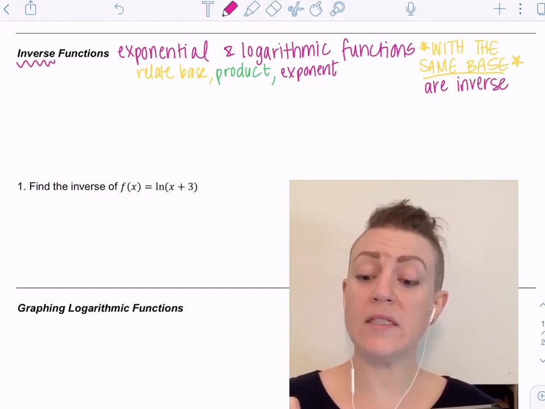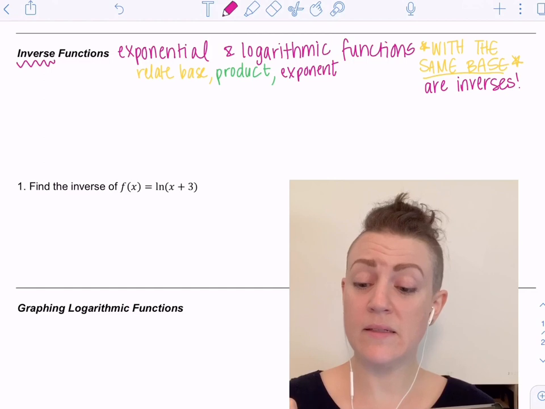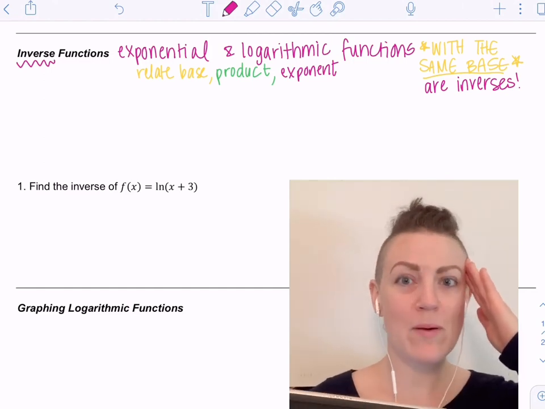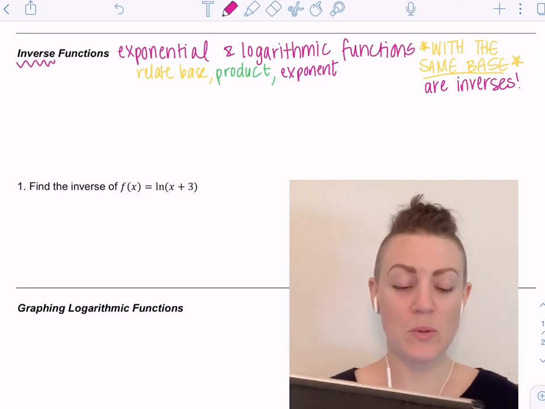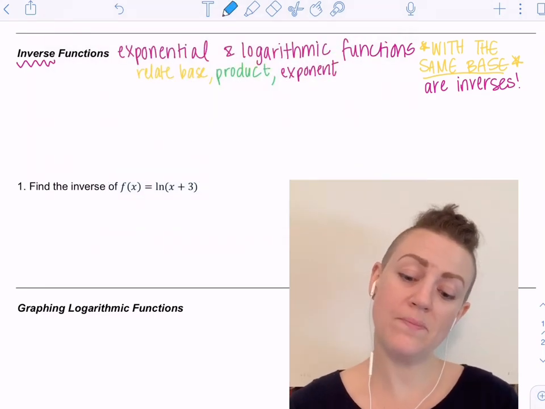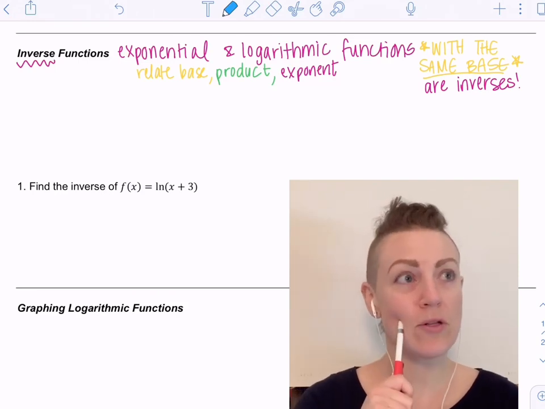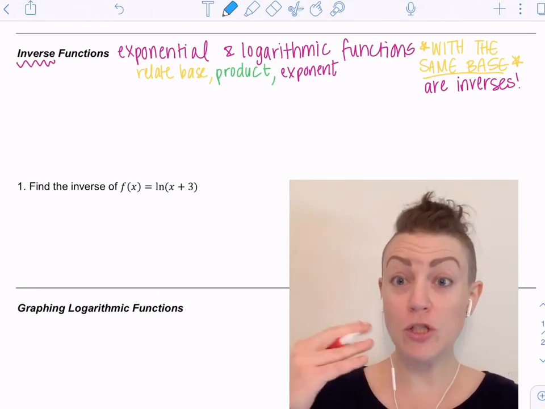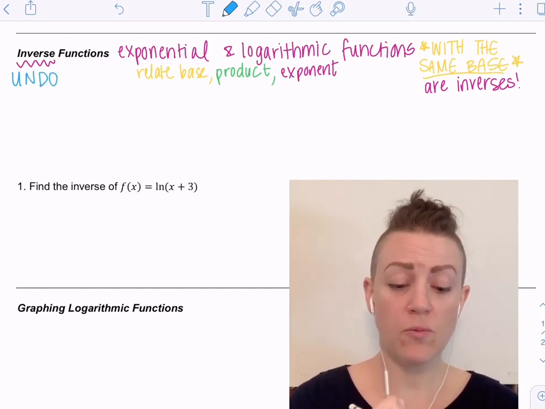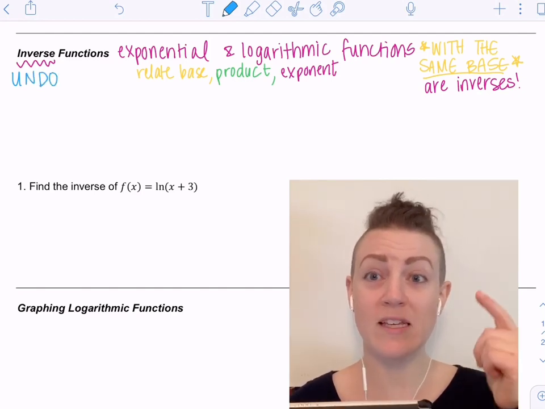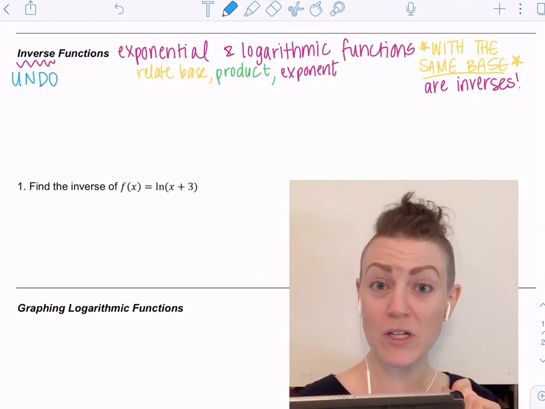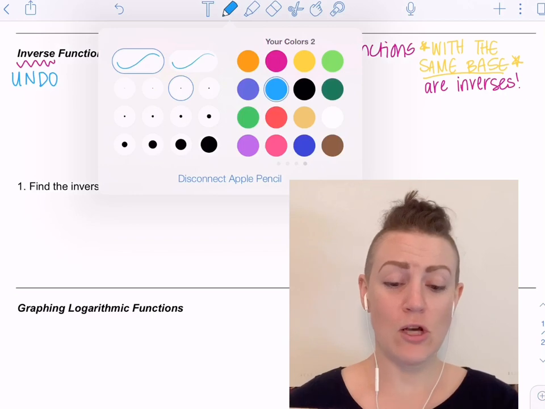And so what does that mean? What does it mean to be an inverse? Let's go deep back into the memory archives. We know that inverse functions, from our studies in chapter 6, undo each other, right? Whatever one function does, its inverse undoes it and gets you right back to the original input that you started with.